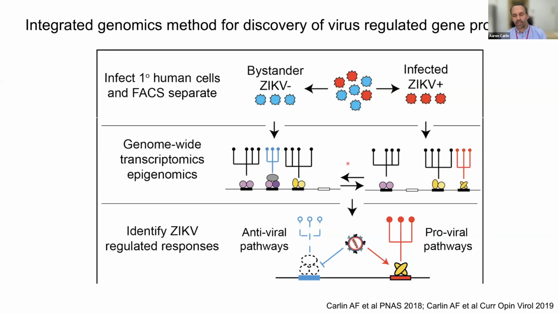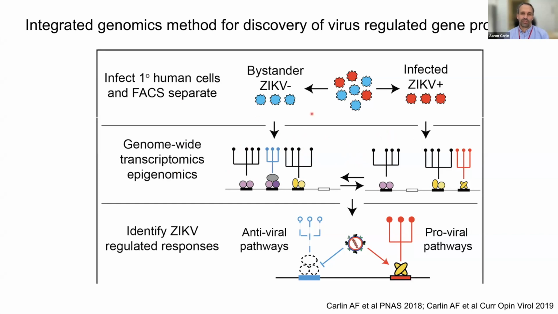Additionally, it gives us an excellent control by which we can compare what's happening in the infected cell. The bystander cells are not infected, but they should be responding to all the environmental signals that are present in the same dish with the infected cells. So if a cytokine is released or a growth factor or something else, they'll respond to that signal, and we should see the same response in the infected cell.